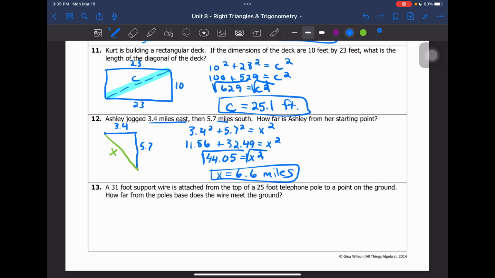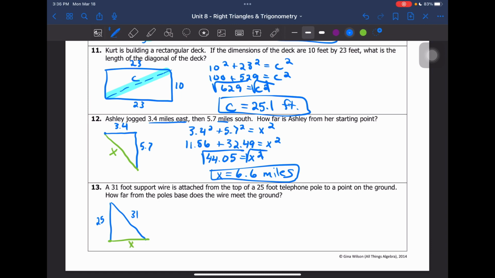We know that there's a 25-foot telephone pole, and there's a support wire, meaning something that is attached from the top of the pole to the ground, and that's 31 feet long. And the question is asking how far from the pole's base, right here, does the wire meet the ground? So this is like our x.